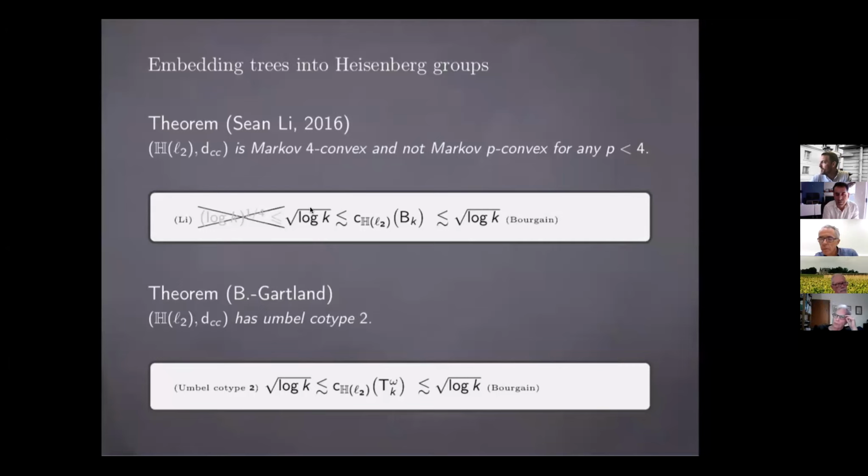Now, Umbel cotype, well, that's a good point. We don't know if Umbel cotype implies reflexivity. I mean, the proof doesn't work. Does James space have it though? No, we don't know. We haven't tried to compute this for James.